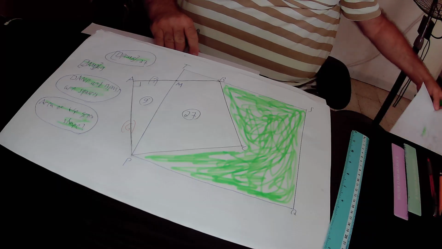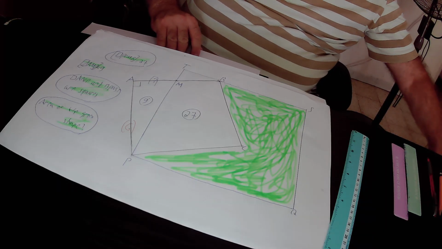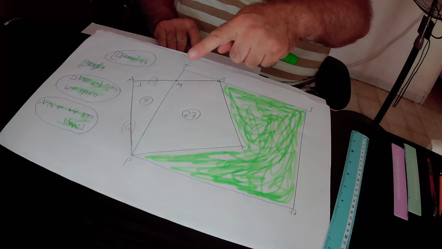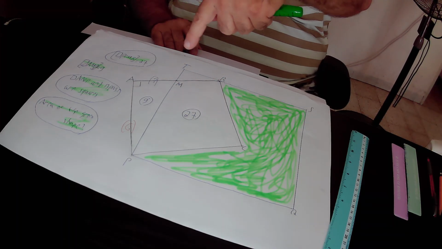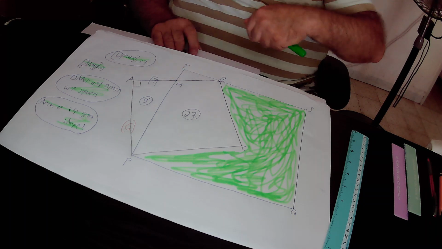So, I'll copy the right triangle AMP in a new equation. We will implement the Pythagoras theorem on this right triangle AMP.